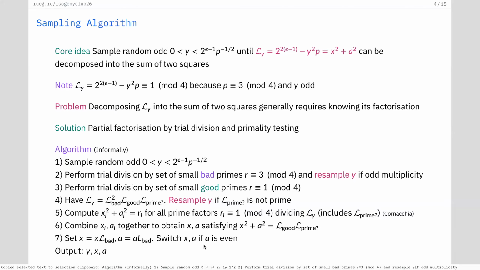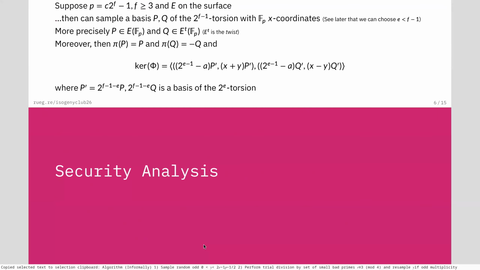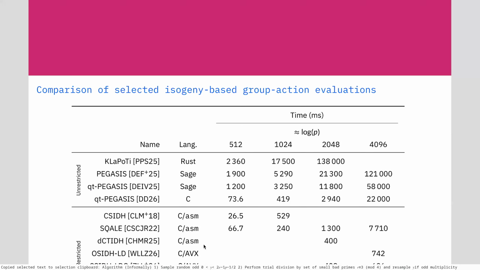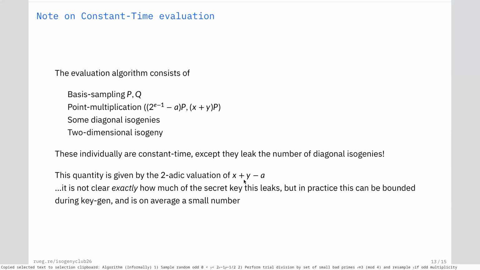It's a good question. So I think in KLaPoTi you could get away with just saying I refuse to do diagonal isogenies. Unfortunately, in Coral you always have at least one diagonal isogeny, and this just shakes out from the 2-adic valuation of this value, which is always going to be bigger than 1, for reasons that I can't tell you immediately right now, but it's in the paper.